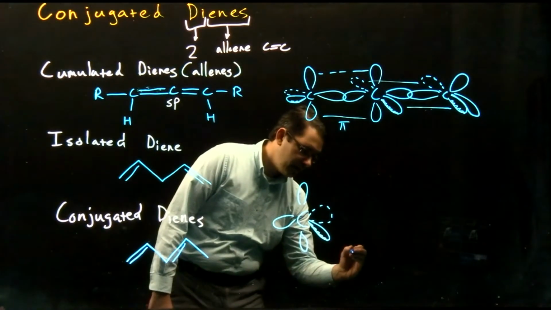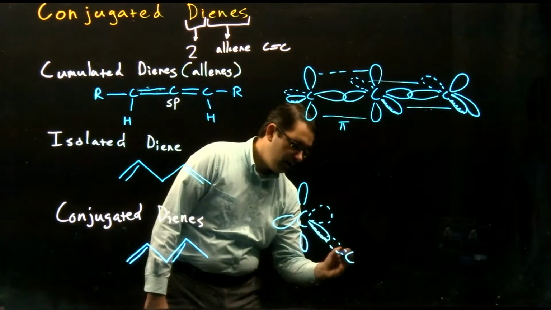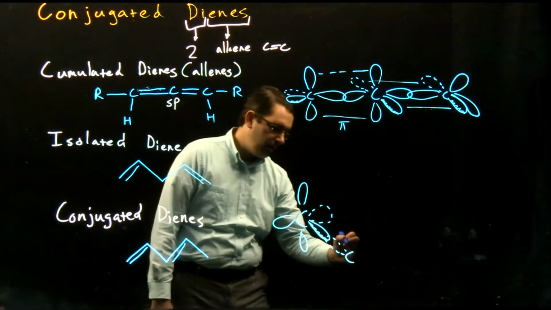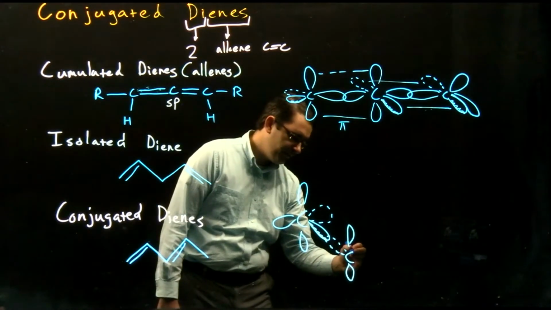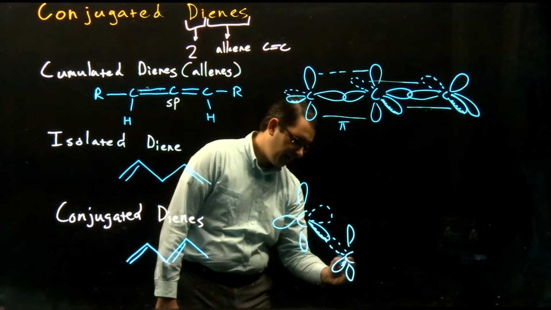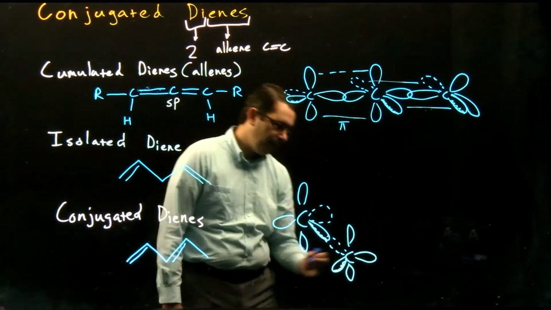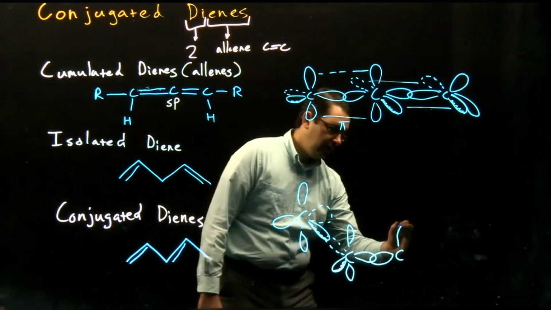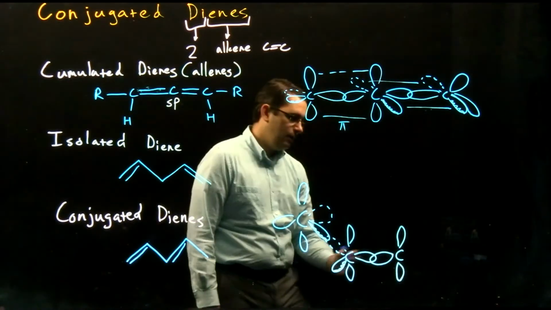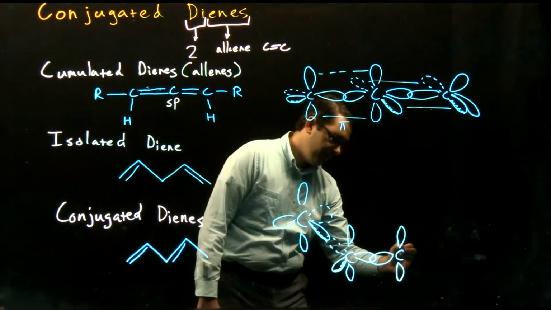And then I have my next carbon that's going to be bonded through the sp2 orbitals. I've got the p orbital sticking straight up and down. And I can continue that for each of the carbons in my conjugated diene.